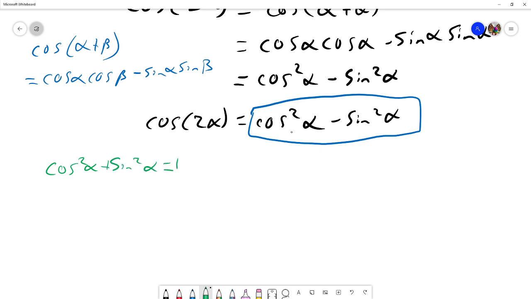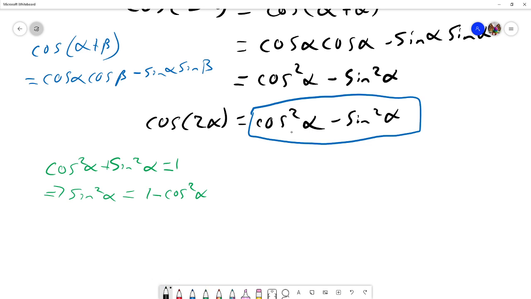That is one of the Pythagorean trig identities, one of 3, which we proved long ago now. So, in other words, if we think about this green identity, if we were to subtract cosine squared from both sides, that means that sine squared alpha is equal to 1 minus cosine squared alpha.